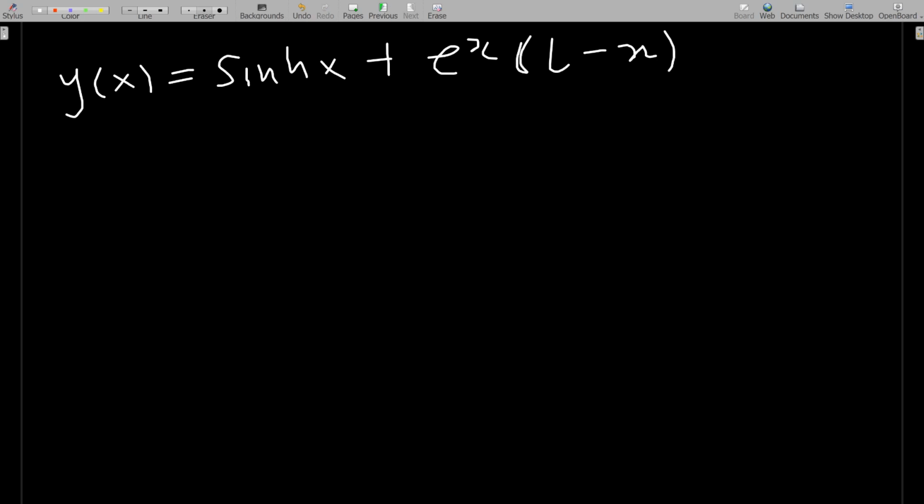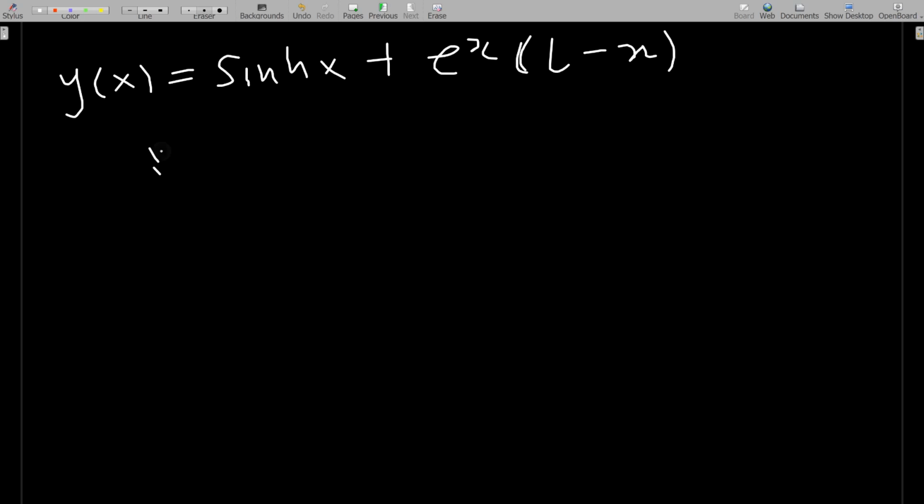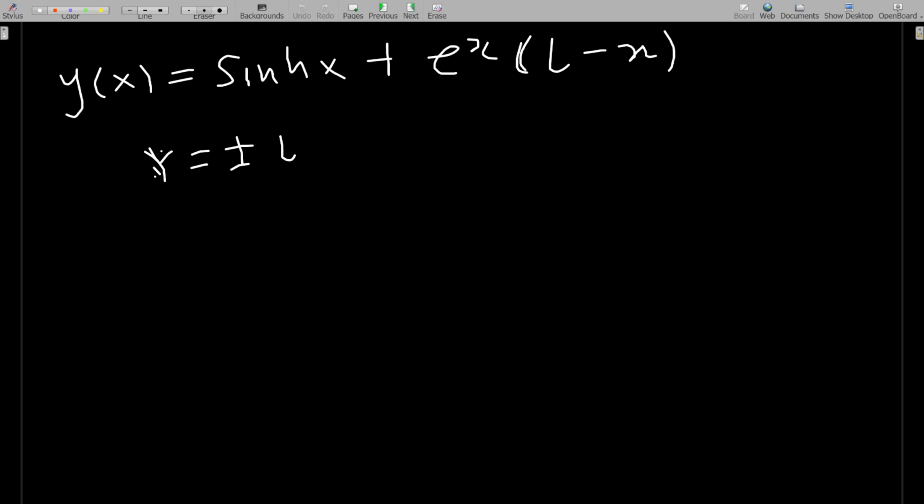Now, I know when you solve for the homogeneous part of this, you get r to be equal to plus or minus 1. R will be equal to plus or minus 1.